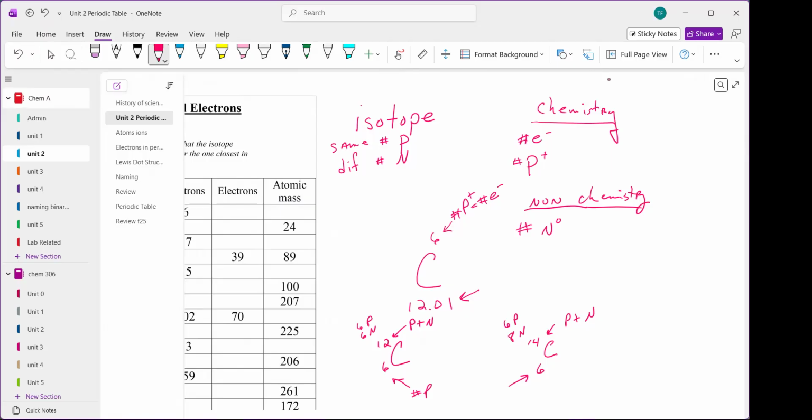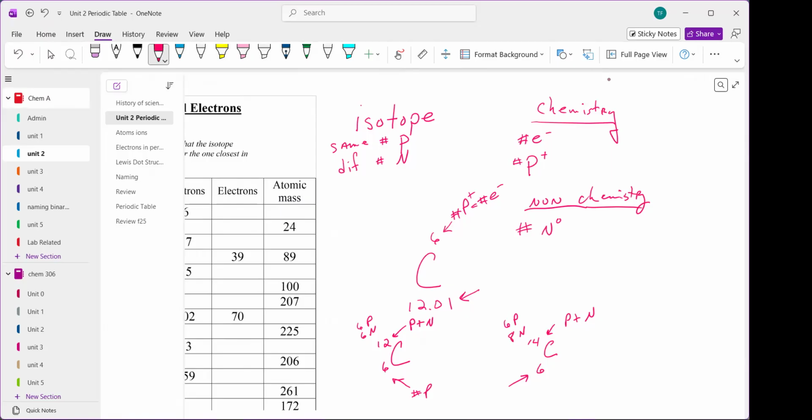If I've got a bowl of oranges, 10 oranges in there, and each orange's mass depends on how big it is. Still an orange, right? Still an orange. How big is it? How big's the skin on it? How much juice is in there? All those are variables that determine its mass.